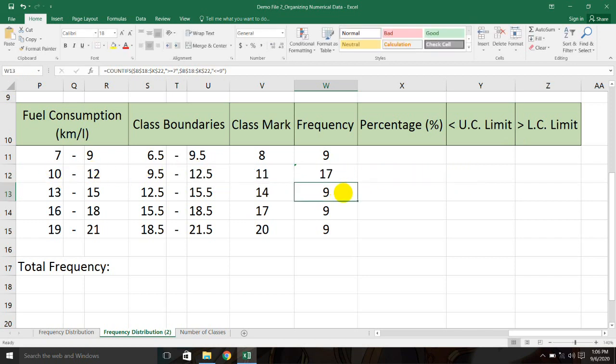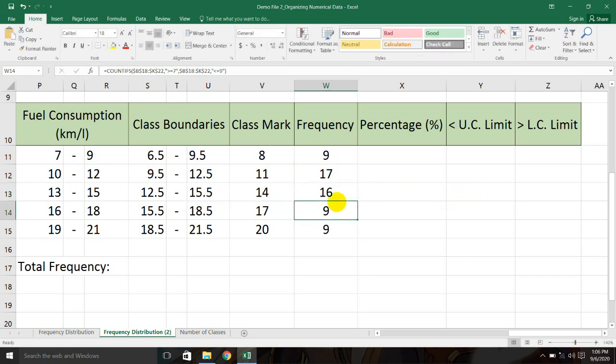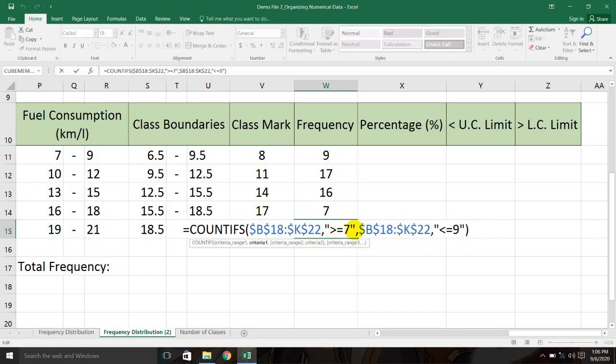Then press enter, you have 17. Another one, this is 13 to 15. Press enter. Then this one is 16 to 18. Then we have the last one, which is from 19 to 21.